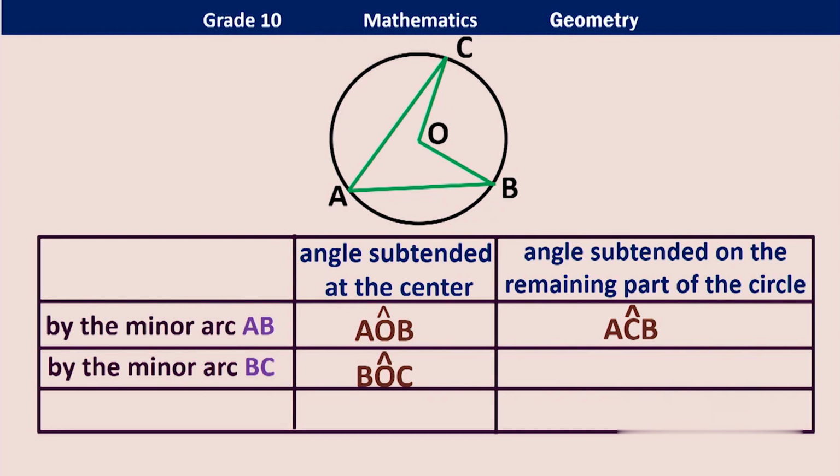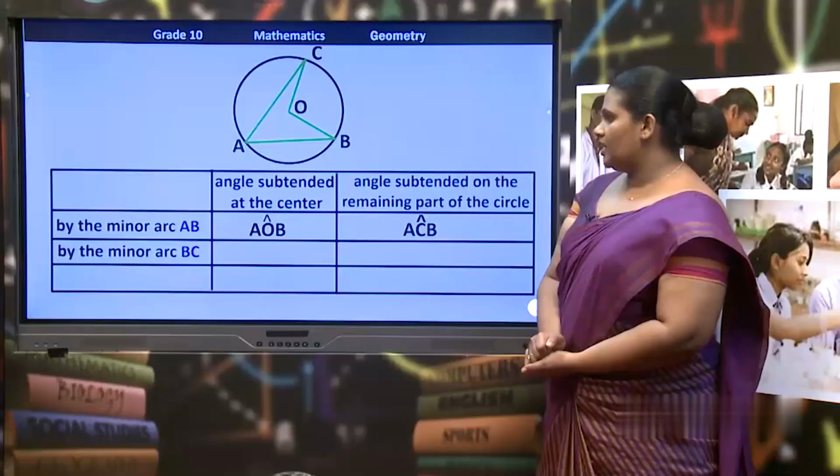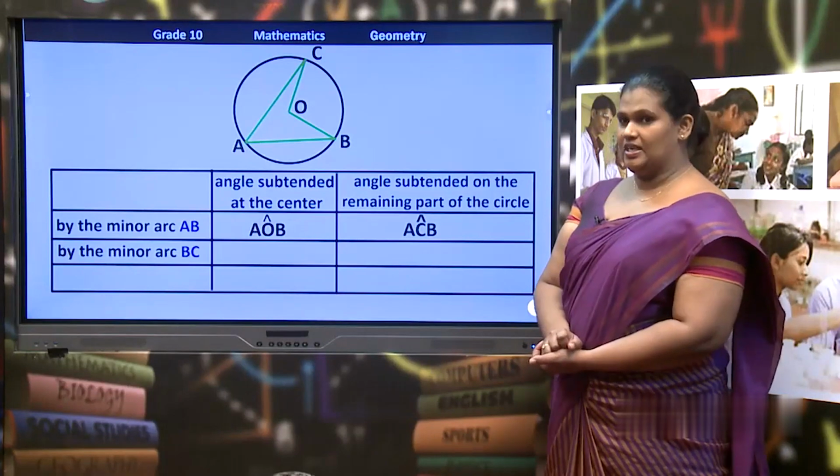Then we have to think about the angle subtended on the remaining part of the circle by the minor arc BC. Once again, this is minor arc BC. Therefore, the remaining part of the circle can be considered as BAC. Right. Now, what is the angle subtended on the remaining part of the circle by the minor arc BC?